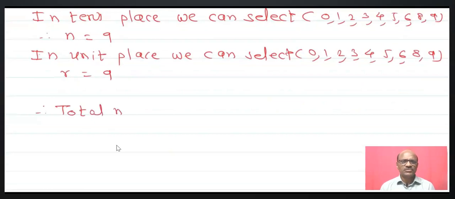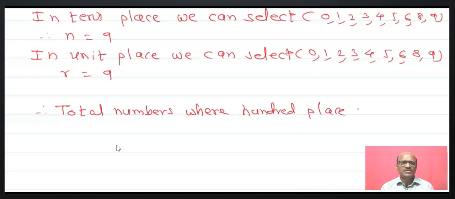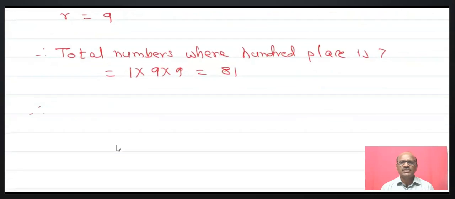That is r is equal to 9. Therefore, total number where 100th place is 7 is equal to 1 into 9 into 9. That is equal to 81.